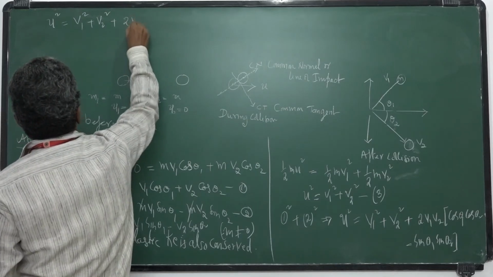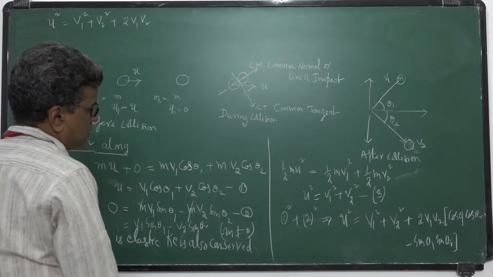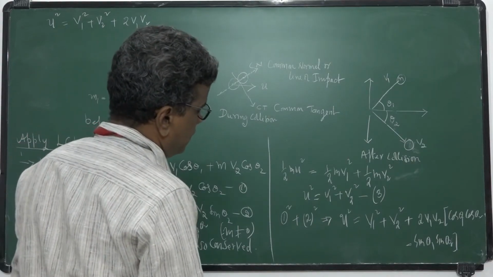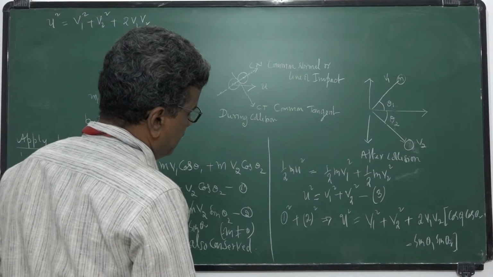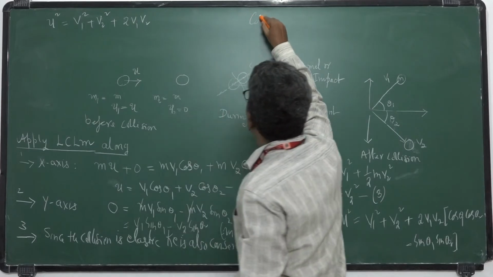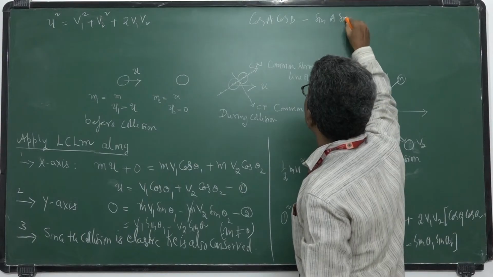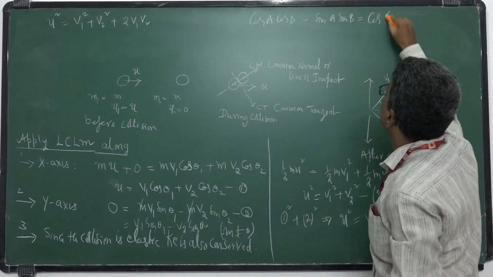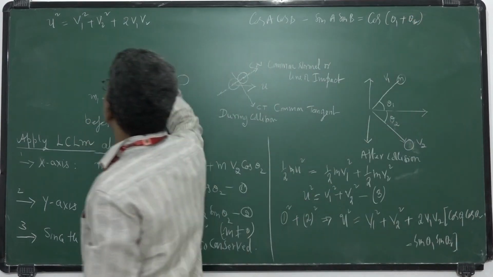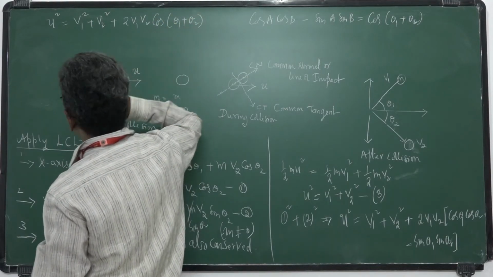Since cos A cos B minus sin A sin B is cos of A plus B, we have cos of theta 1 plus theta 2. So we have 2 v1 v2 cos of theta 1 plus theta 2.